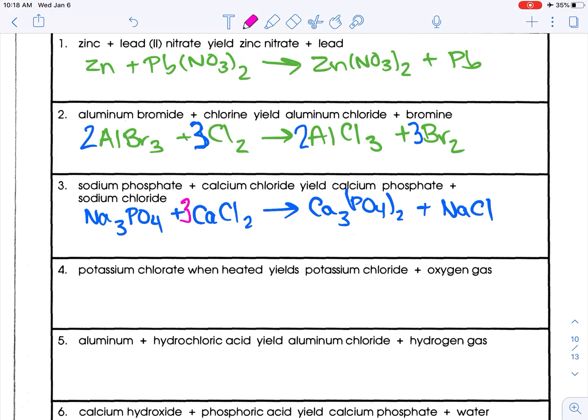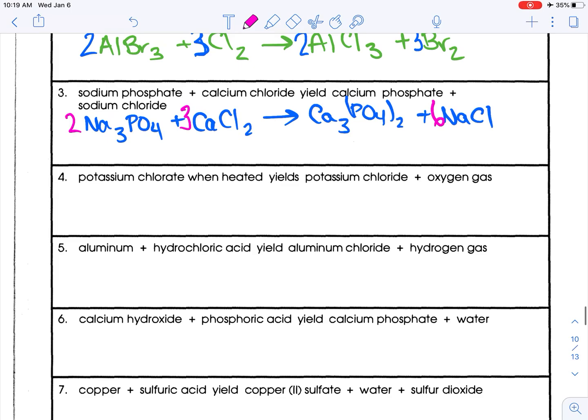Chlorine needs to be 6, so I got to put a 6 here. So then I would need to put a 2 here to get 6 for sodiums, and then I'm good. Now remember, you can always do the scorecard with the Na and the, you can do that. I just know that I don't need to do that right now.